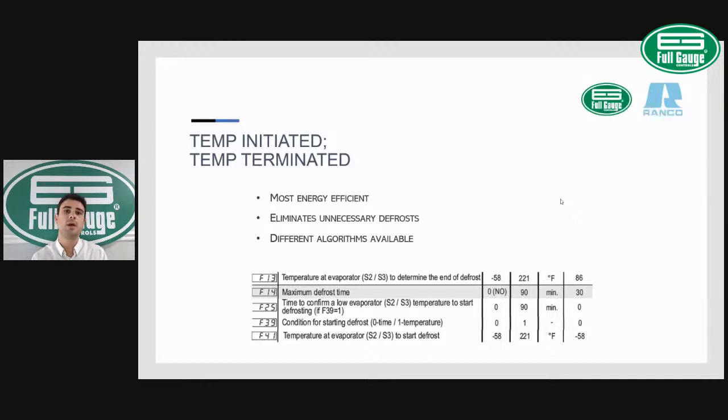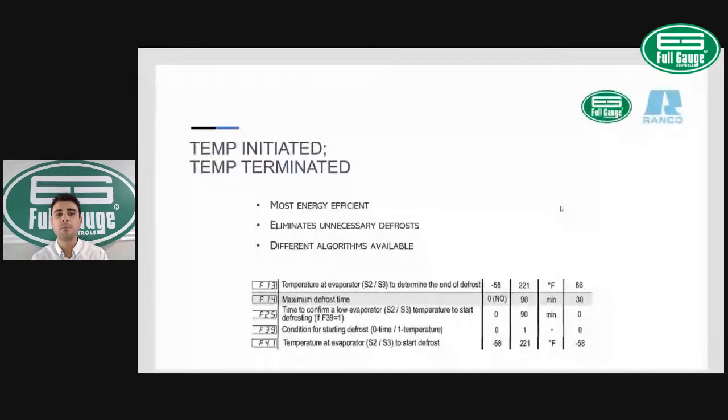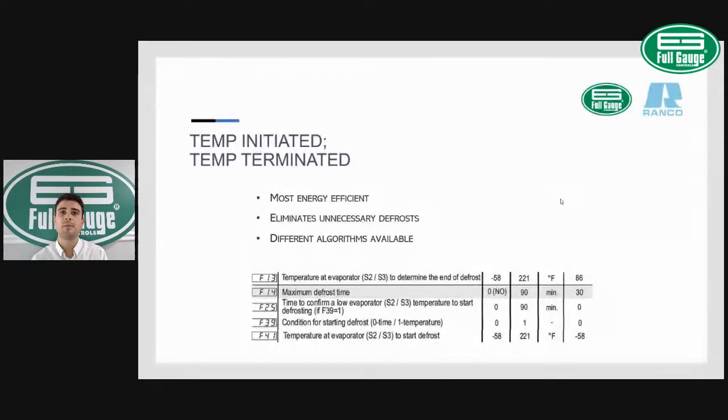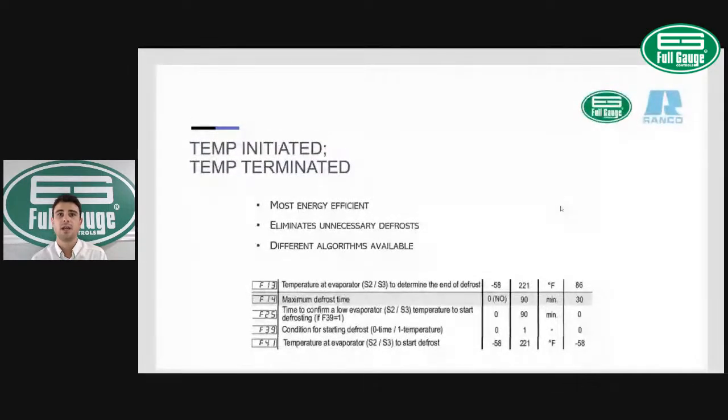So there are different algorithms that deliver the same benefit. As far as Full Gauge, we do have different ways of performing the same objective.